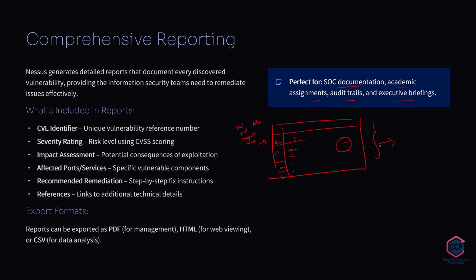Each thing is presented in a very good manner, and we can download it in PDF, HTML (web format), or CSV, where Excel would be used, so that we can attach it and send it to our clients.